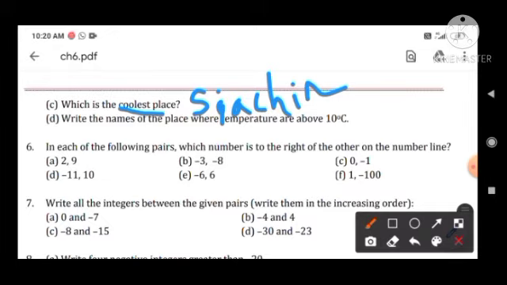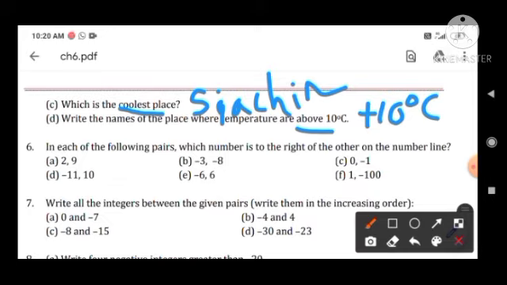Now write the name of the places where temperature is above 10 degrees Celsius. Above 10 degrees means plus 10 degrees Celsius. So which places are greater than 10 degrees Celsius? That is Ahmedabad and Delhi. Ahmedabad is 30 degrees, and Delhi is 20 degrees Celsius.